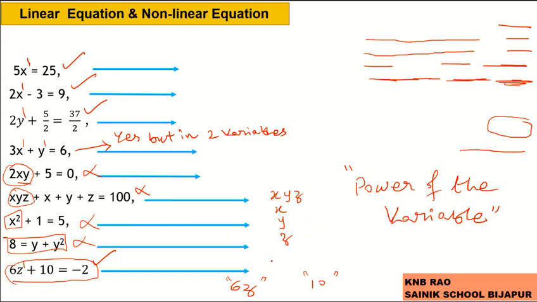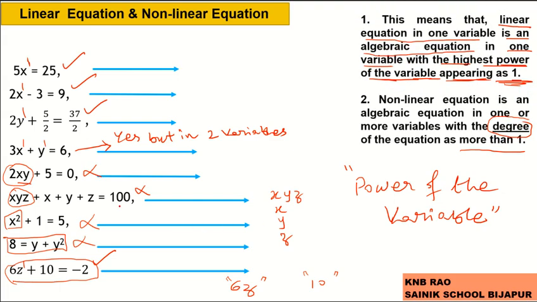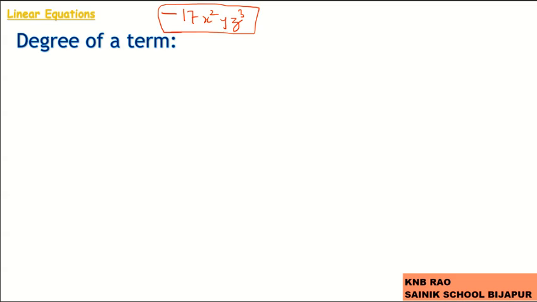So, in any algebraic expression, a plus sign or minus sign separates the terms. Like in this case, here I have minus 17 x square y z cube being only one term. In this one term, what is the degree?